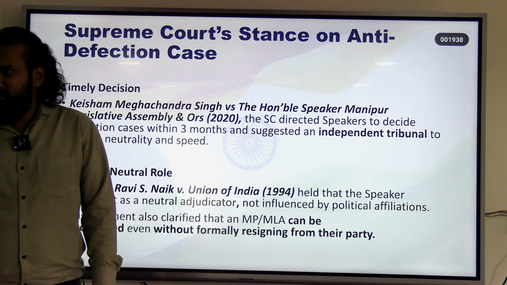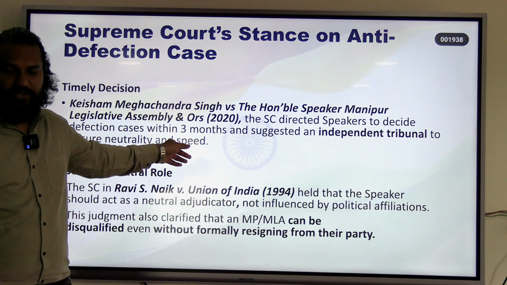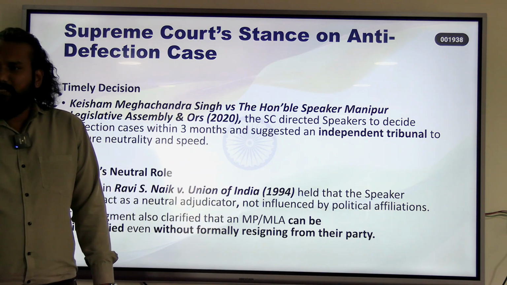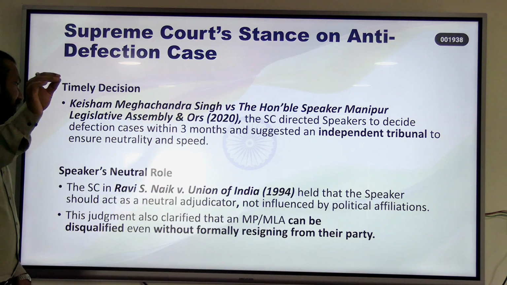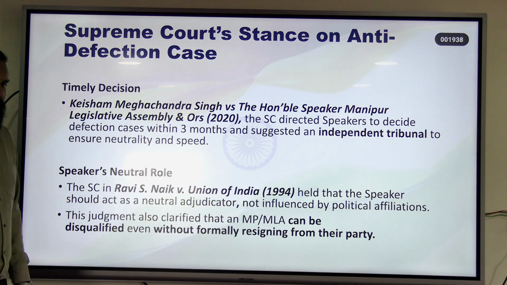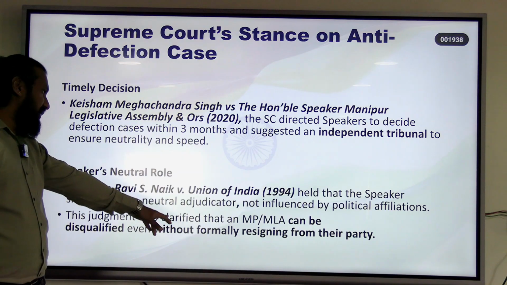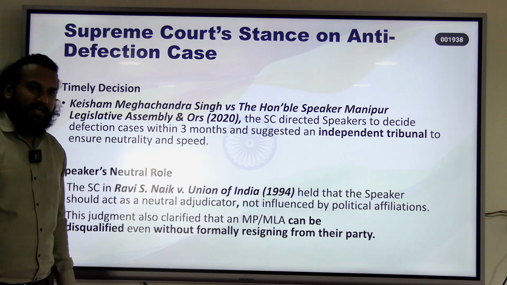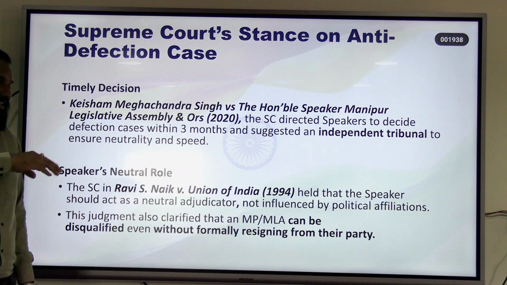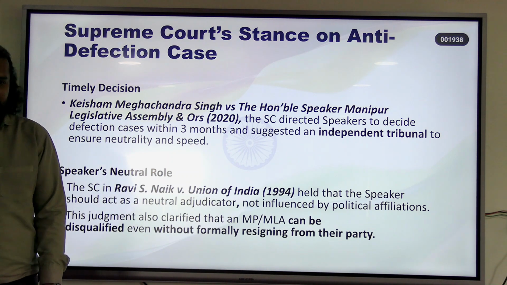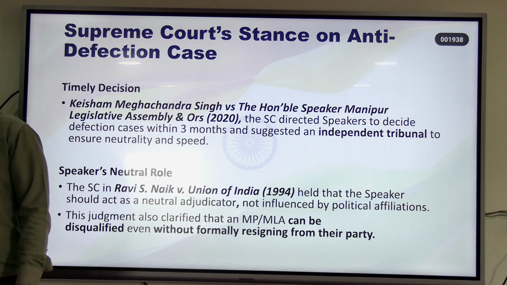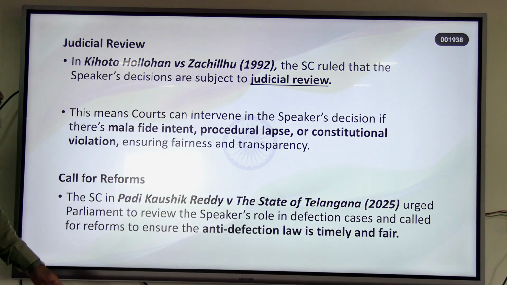Influence can be there. So the Supreme Court ruled in Nayak versus Union of India that the role of the speaker should be neutral. It should not be biased. This judgment also clarified that an MLA or MP can be disqualified even without resigning from their party.